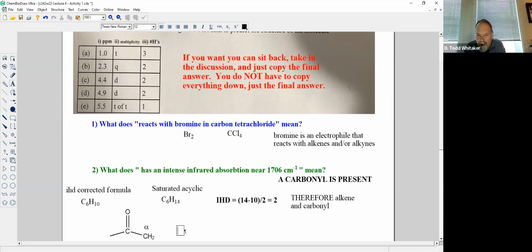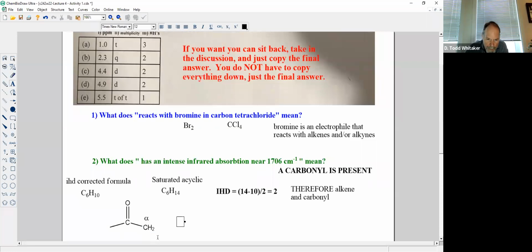And you don't get any points for this, but you're about to get 2 points if you can tell me what's next door to this alpha carbon, other than the carbonyl to the left. The reason I know there's a CH3 attached is quite simple, because this pattern for peak B is a quartet.